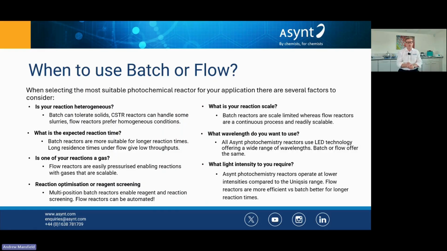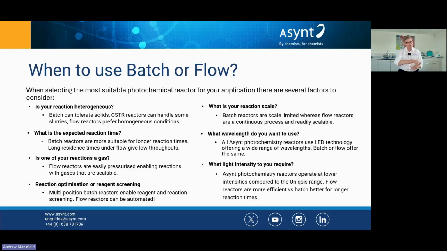Do we want to optimize our reactions or do reagent screening? So we have access to photochemical reactors that can have a single position, but can have multiple positions, whether that's 8 or 12, and these sit very efficiently onto traditional hot plate stirrers. They give you access to explore different reaction conditions, whether that's reagent screening, catalysts, or concentration, for example.